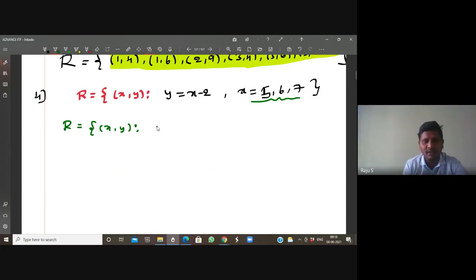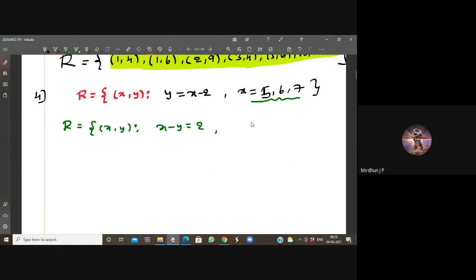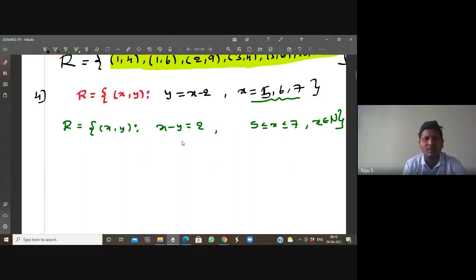Somebody said that x minus y is equal to 2. Here, x belongs to A and y belongs to B, sir. So we can write it as x belongs to A and y belongs to B.